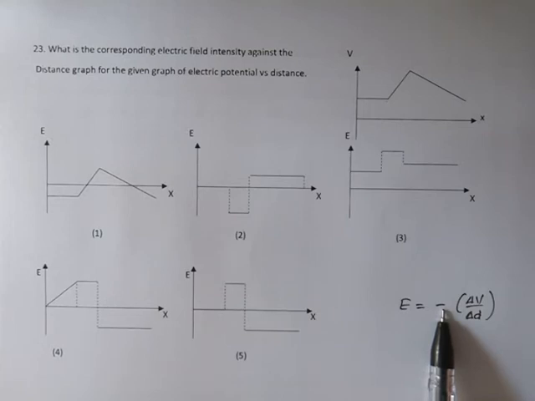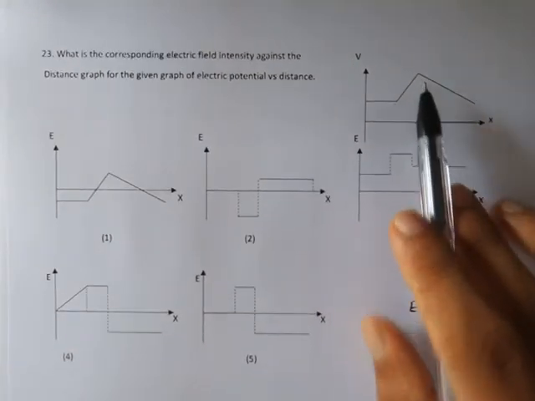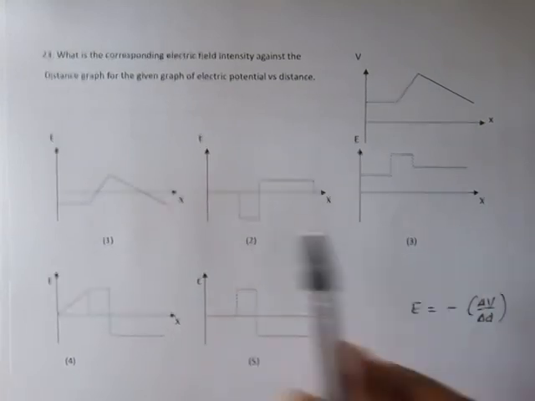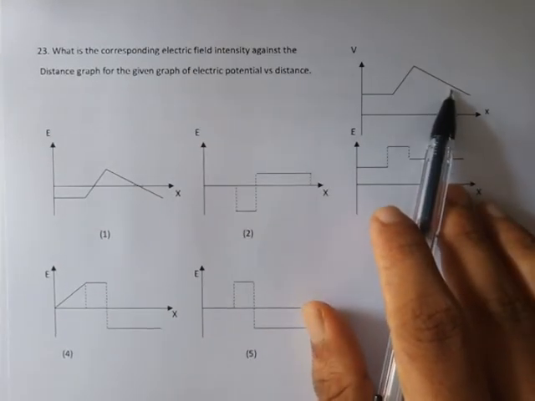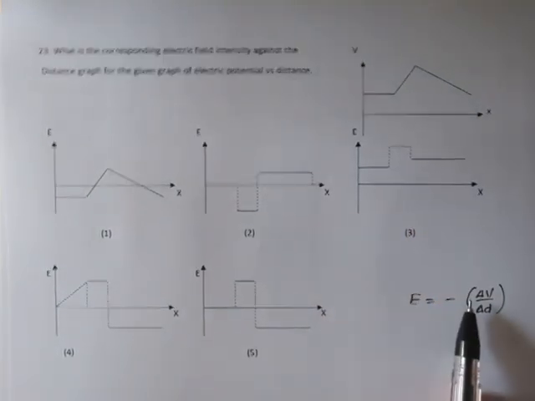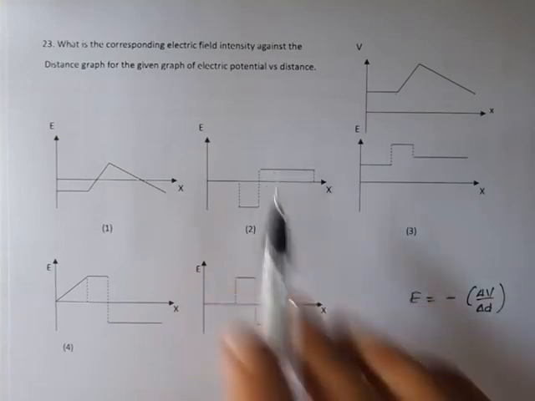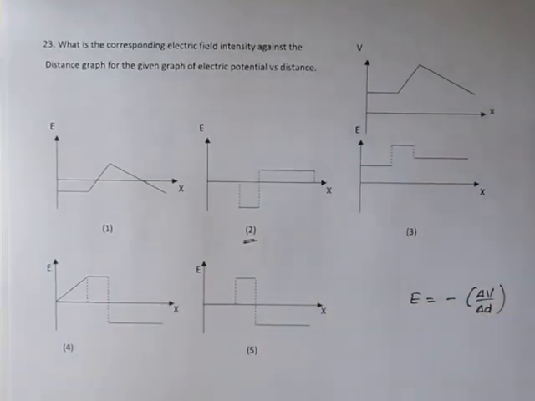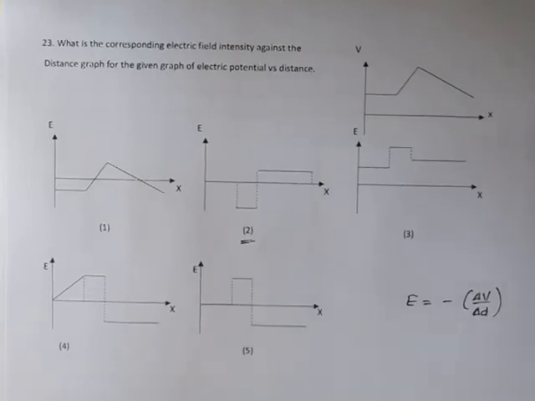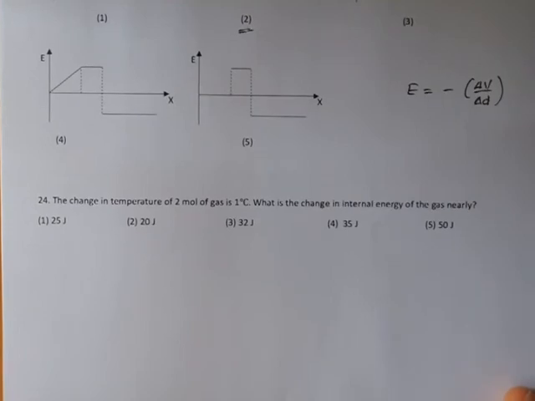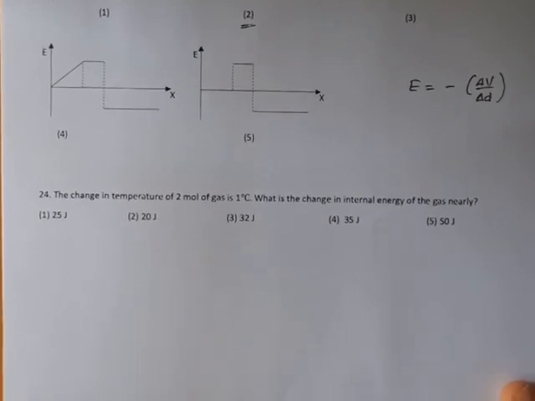The electric field intensity is negative in this part, so the answer here is this one. And here you can see the gradient is small and negative, therefore the electric field has a smaller positive value, so the answer is the second one. It's a very easy question.